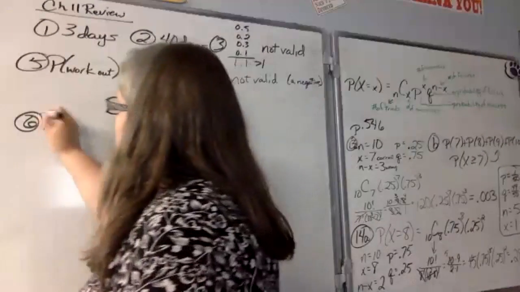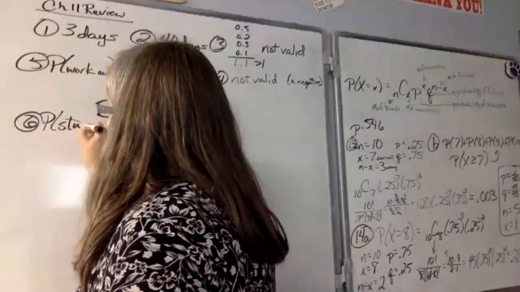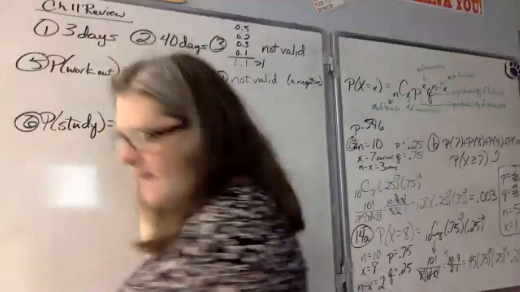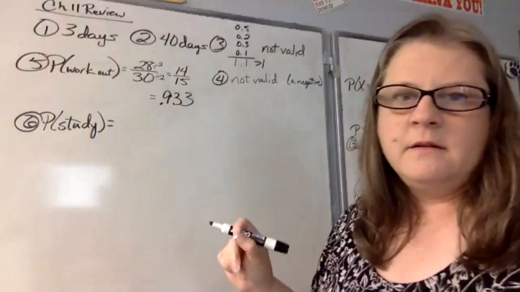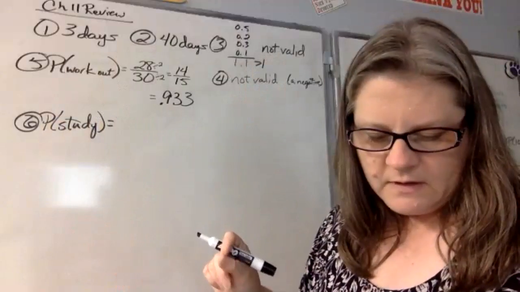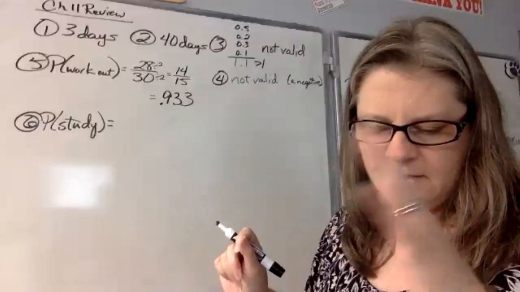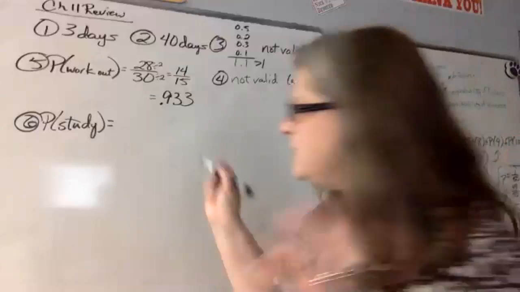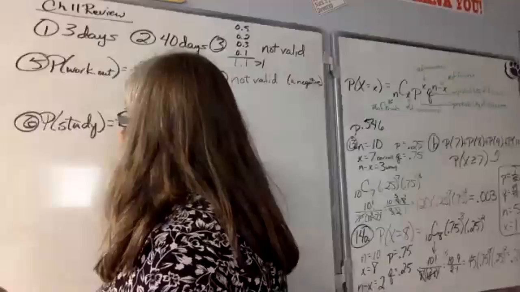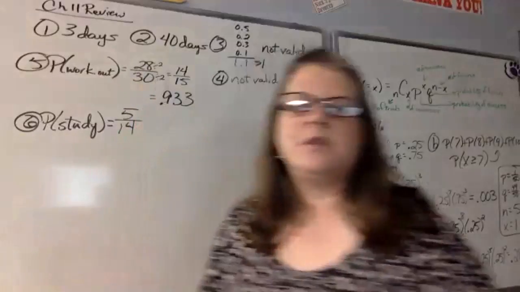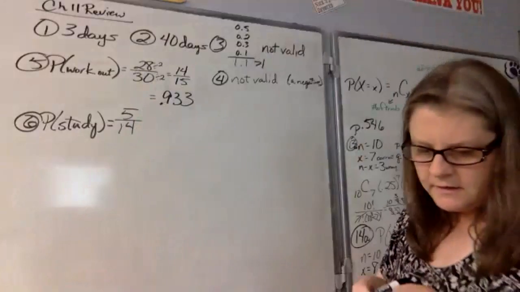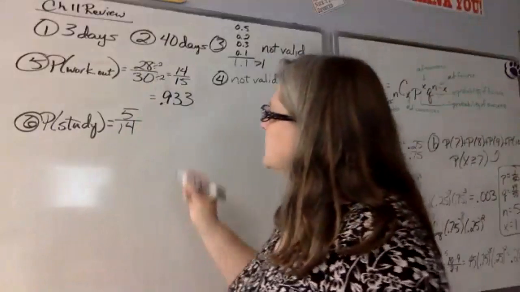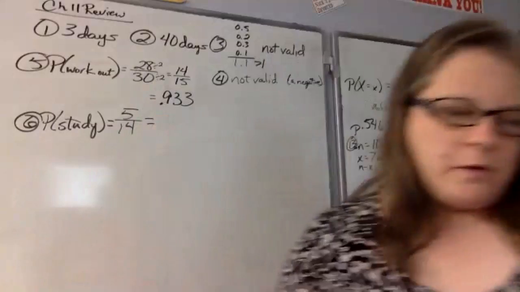So the probability that she studies, how many days did she study? 5 days out of 14. In 14 days she studied 5 days for 30 minutes. Okay, so you have 5 out of 14, and then you get it as your decimal.